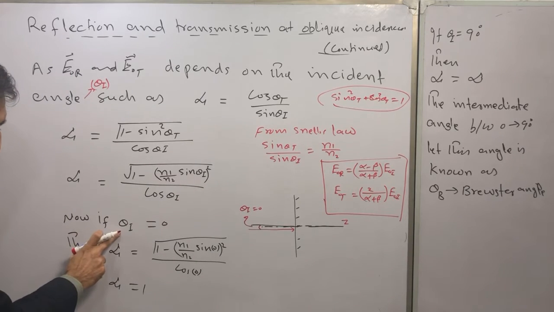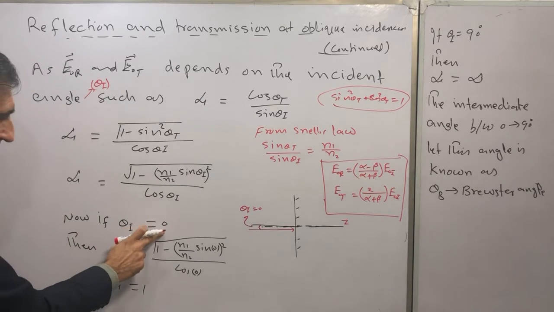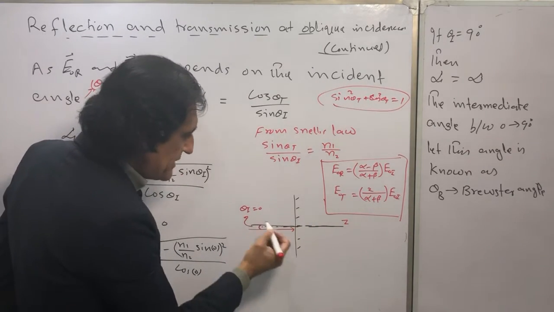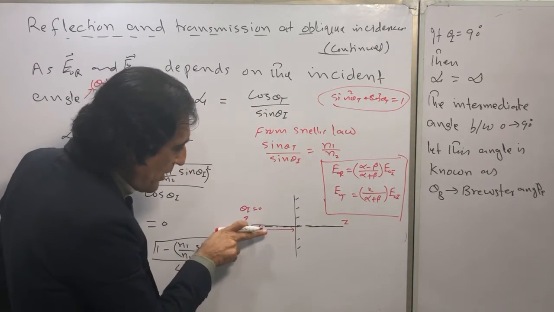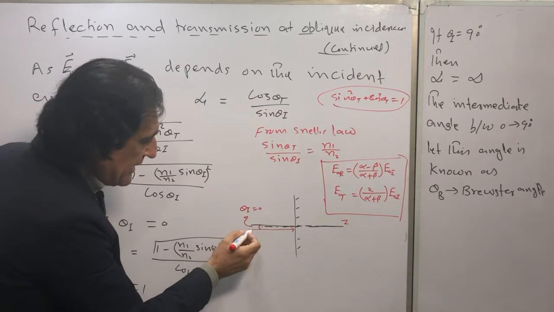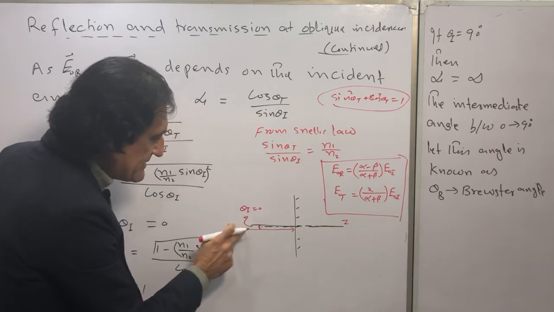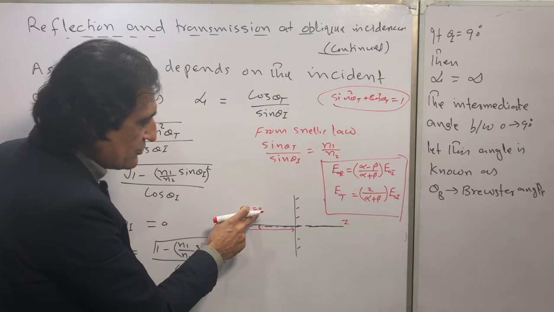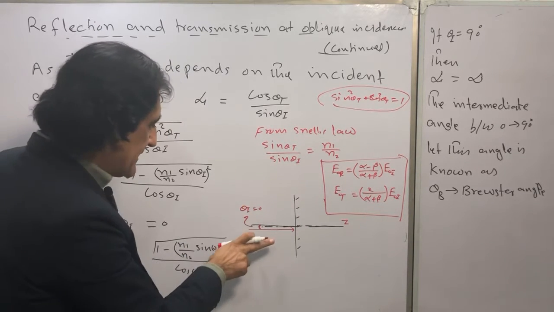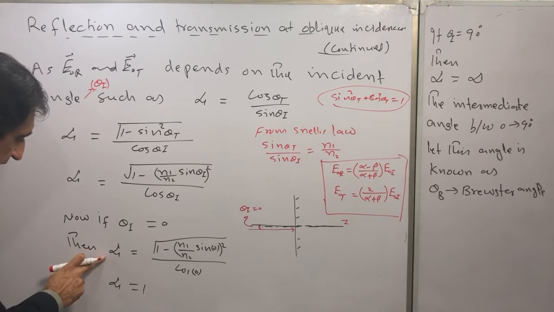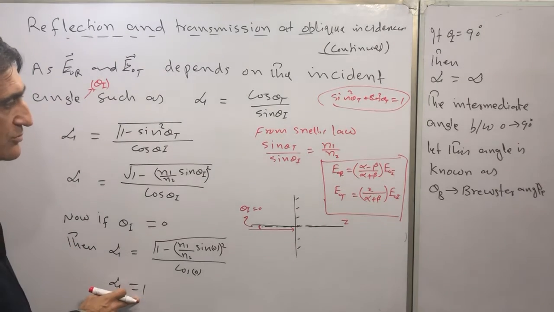Now, if I consider theta I, the incident angle, equal to 0, because this is the boundary and the wave is propagating in this direction, and the angle between them is theta I equal to 0, then this is a normal incidence, and for normal incidence we will have alpha equal to 1.